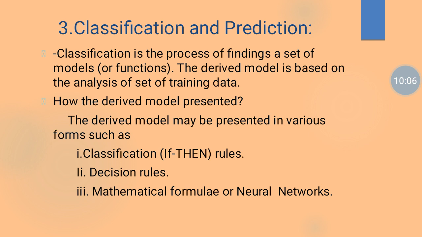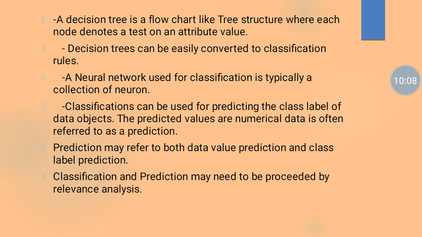Okay, next, what is a decision tree? A decision tree is a flowchart-like tree structure where each node denotes a test on an attribute value. Each branch represents an outcome of the test, and the tree leaves represent the classes or class distributions, and it can also be converted to classification rules.